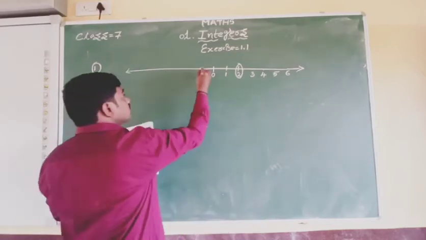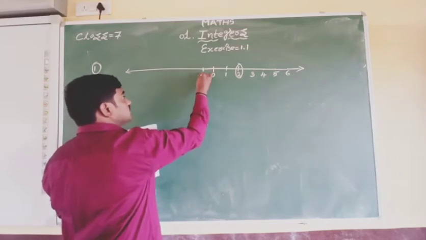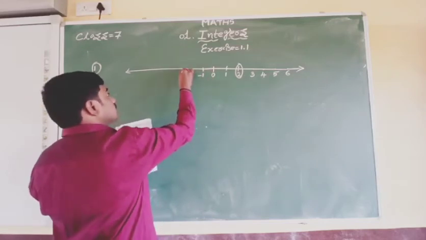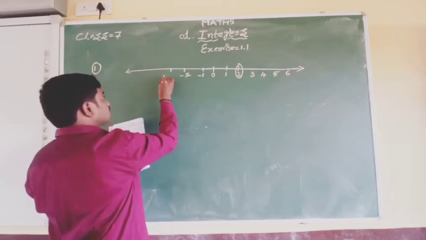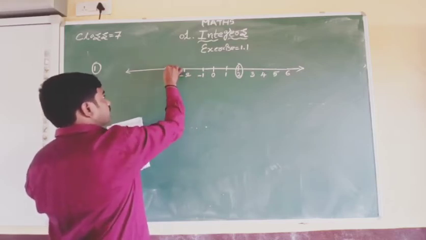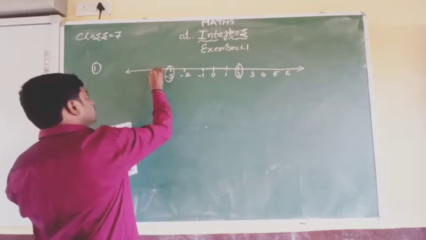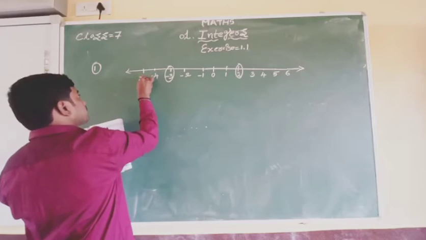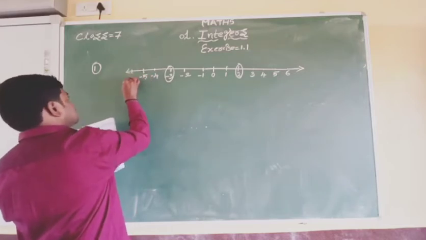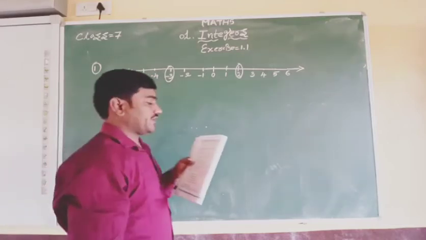Let me write now. Here, left side of the 0: minus 1, minus 2, minus 3, minus 4, minus 5 and minus 6.